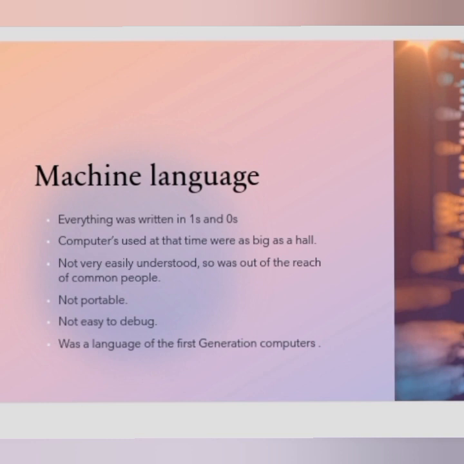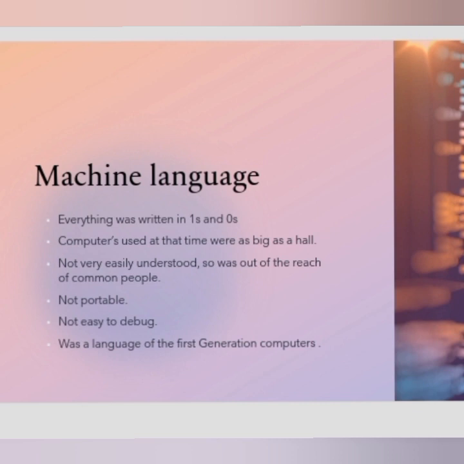But at that time the systems were very large in size, just equivalent to the size of a big hall, and so the programming was also quite complicated. To make one particular character, you had to use a combination of 8 digits of zeros and ones.